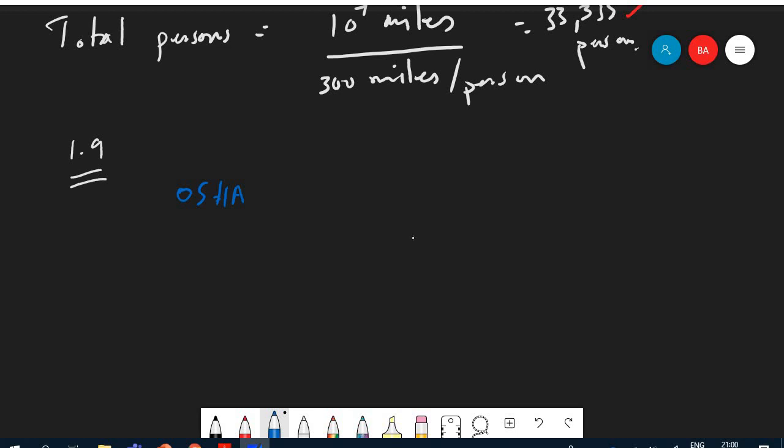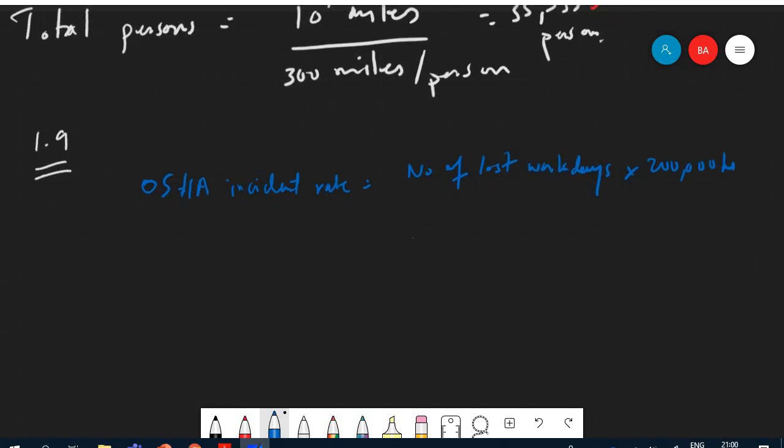The OSHA incident rate is equal to the number of lost work days multiplied by 200,000 hours, divided by the total hours worked by all employees.